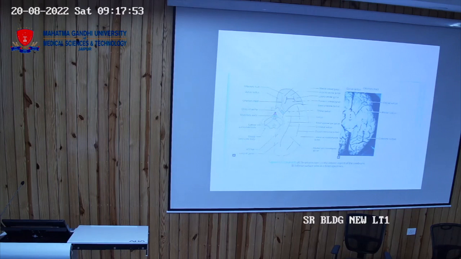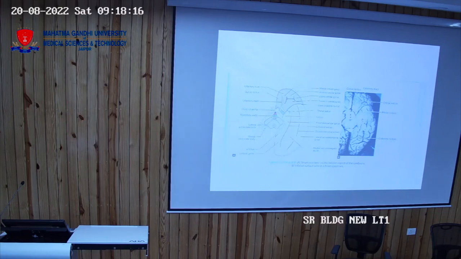Very simple thing I am telling you. Brodmann classified the cerebral cortex into different areas, and each area has its own function. They differentiate on the functional aspect and structural aspect, and these areas are classified according to numbers.